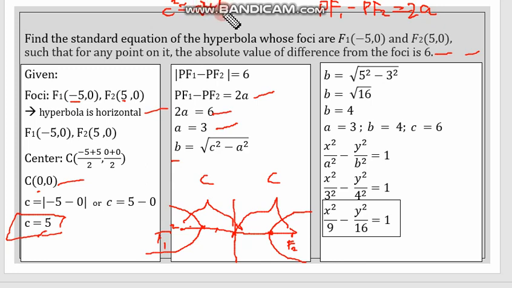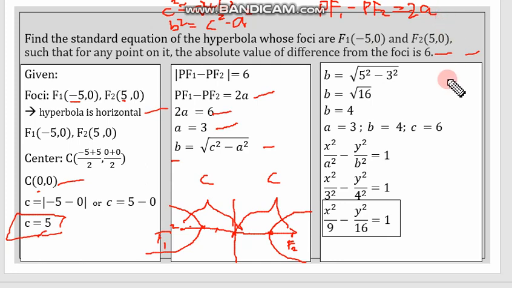You know this already from the hyperbola. So b squared is equal to c squared minus a squared, and b is equal to the square root of c squared minus a squared. What is c? That's 5 squared. Our a is 3 squared.